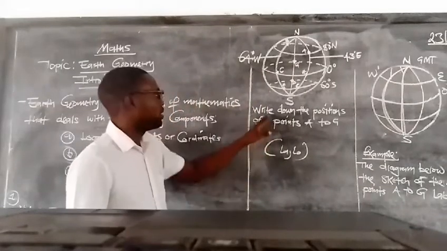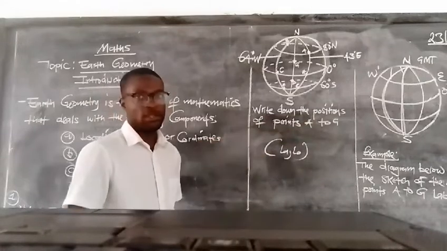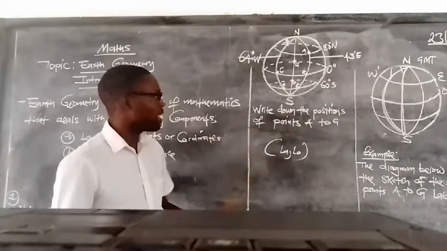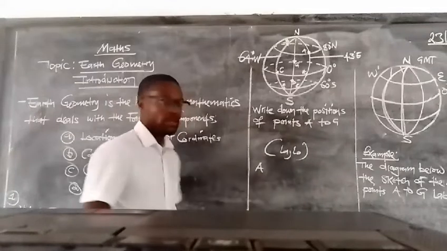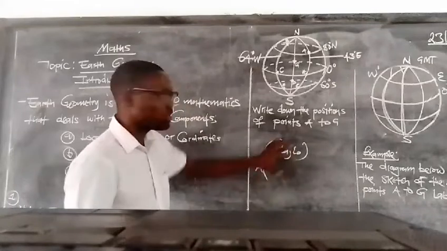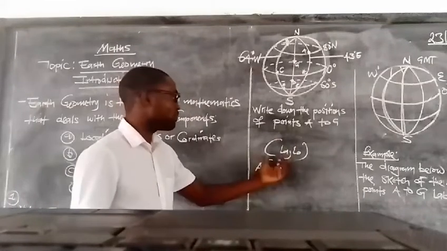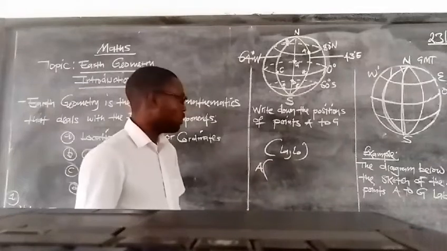Now, this is the question: write down the position of points A to G. So let us try by identifying point A. What is point A? Like I said, A, then open your bracket. According to the formula, we are told that we should start by looking at the lines of latitude.